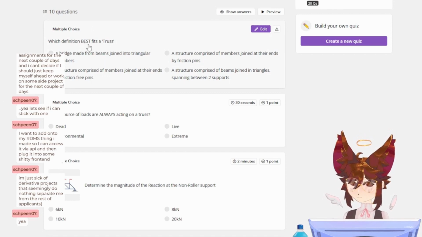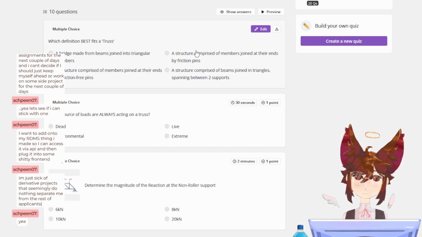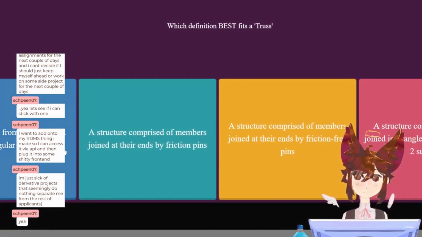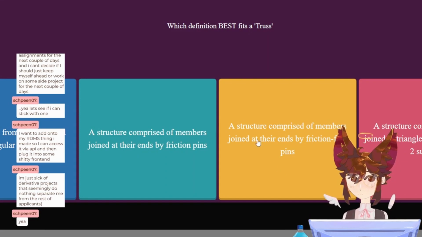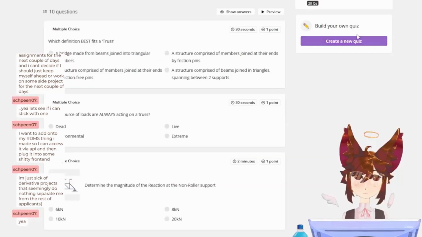Which definition best fits a truss? A bridge, a structure composed of members joined at their ends by friction pins, a structure composed of members joined at their ends by friction-free pins. Show answers? Okay, this is stupid.